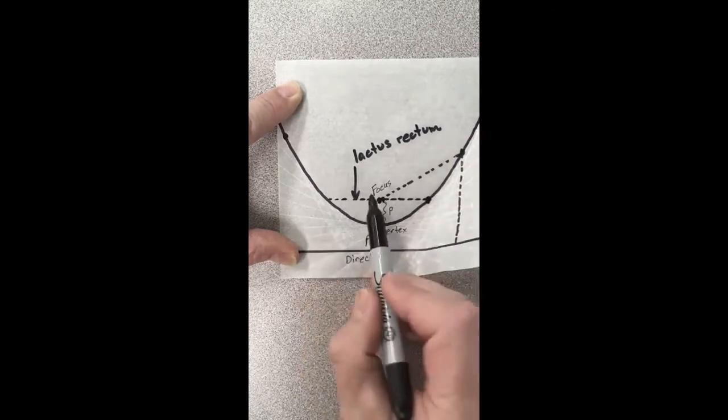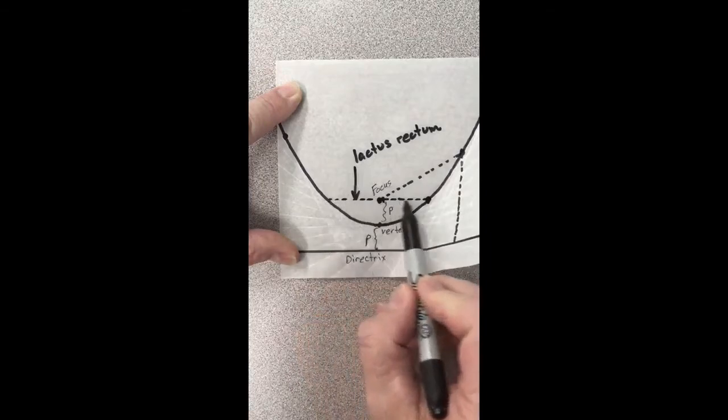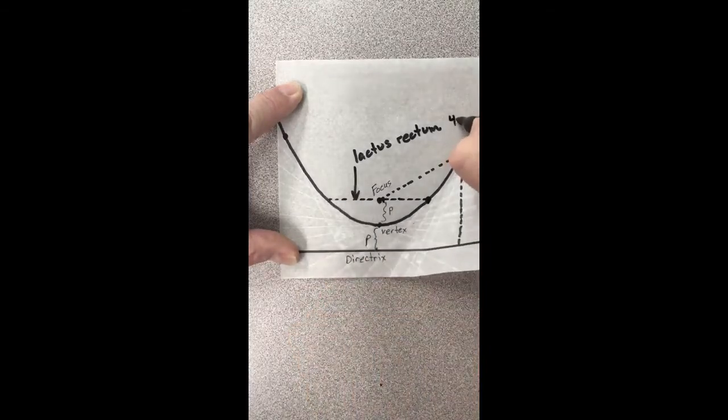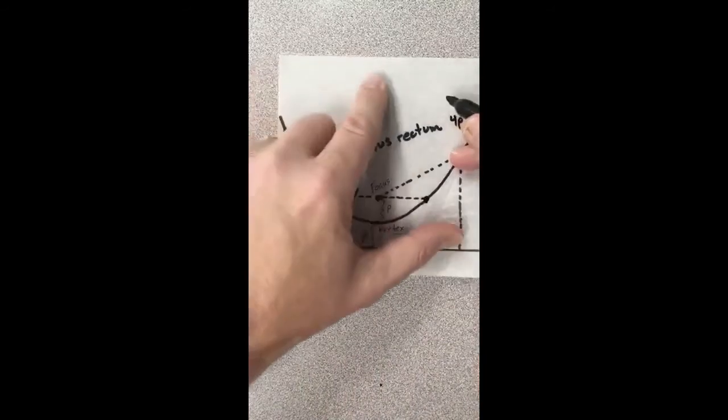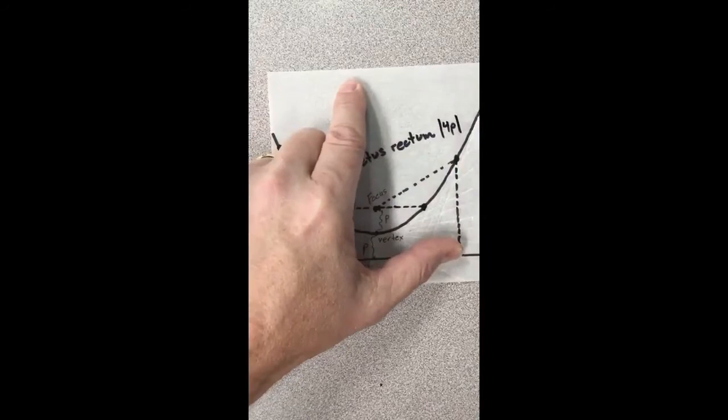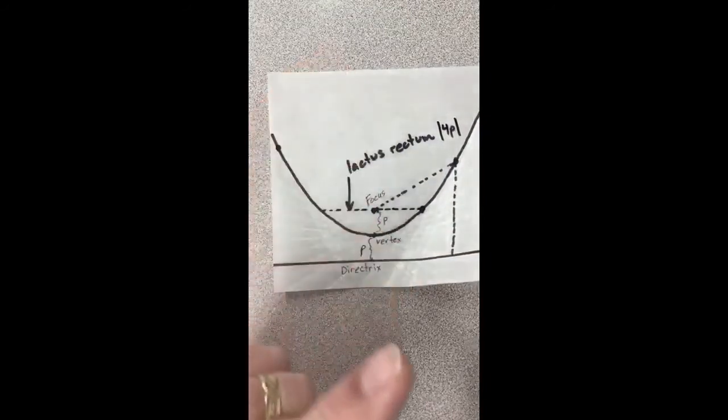Well, that gives us the length of the latus rectum would be the total length across, which would be 4P. And because this is a distance, we're going to refer to this as the absolute value of 4P because distances are always positive.